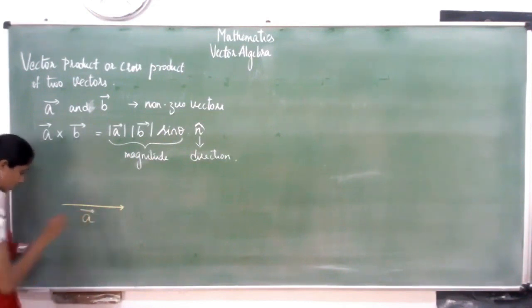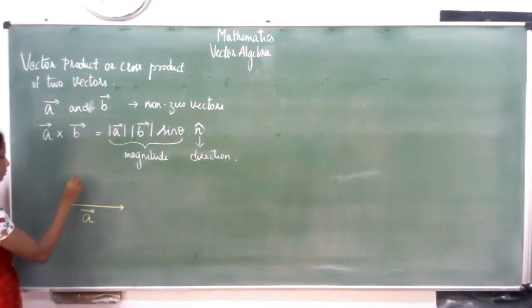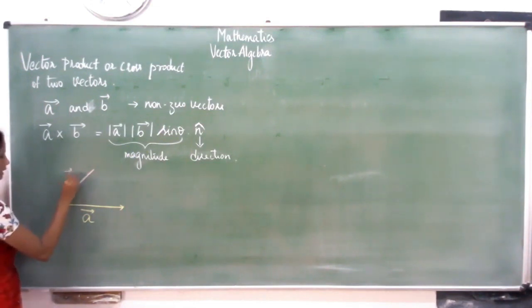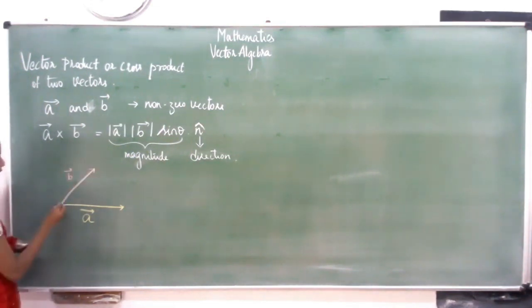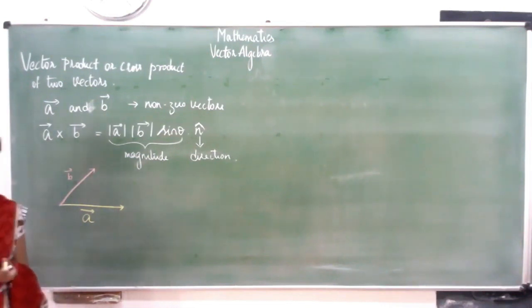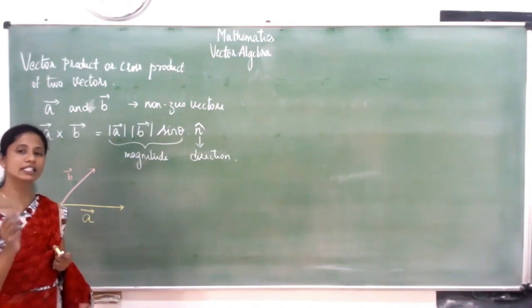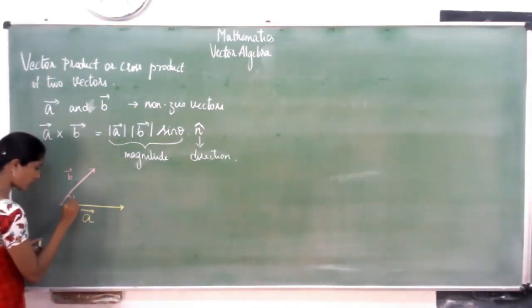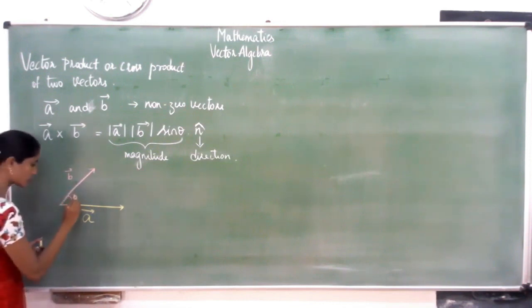So here, let us consider the two vectors. Say this is our vector A and one more vector, this is my vector B. Both are co-initial vectors, that is, these two vectors are starting at the same initial point. The angle made by these two vectors is theta.